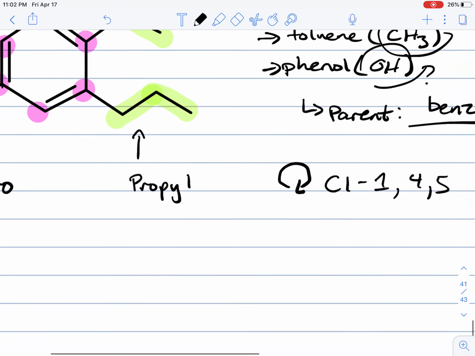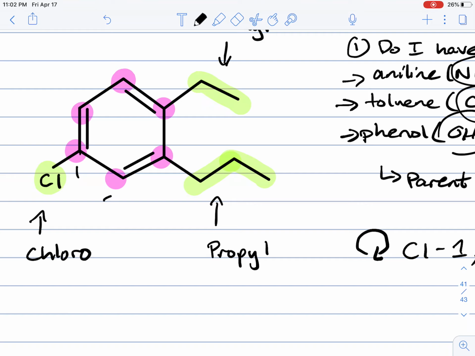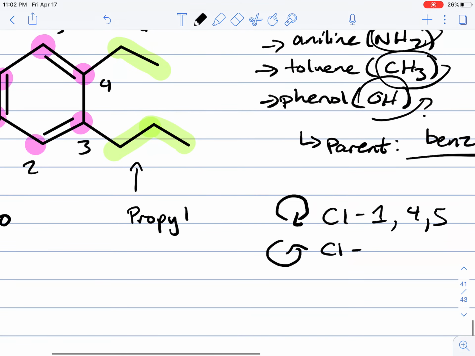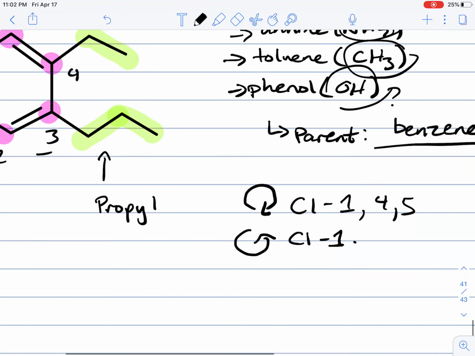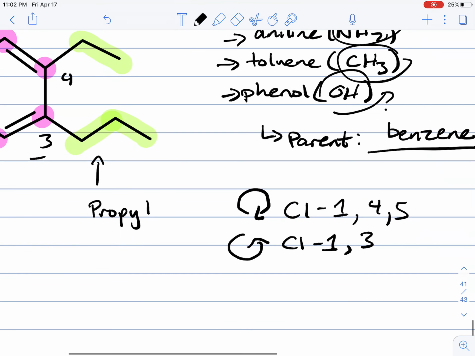Now if I do chlorine going counterclockwise, 1, 2, 3, 4, 5, 6, and I make chlorine my number 1, then I have 3 on propyl, and I have 4 on ethyl.